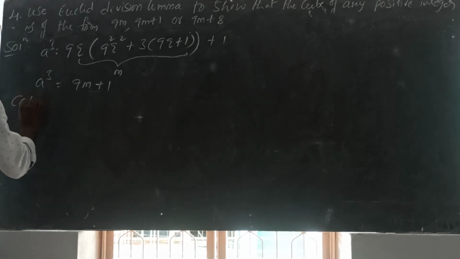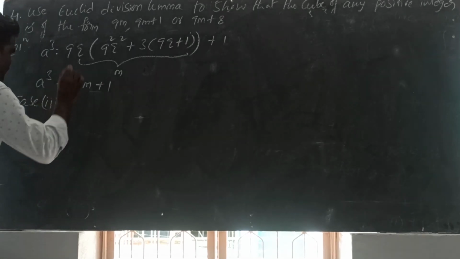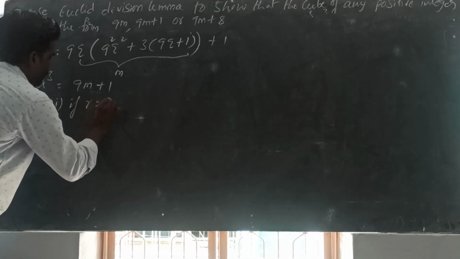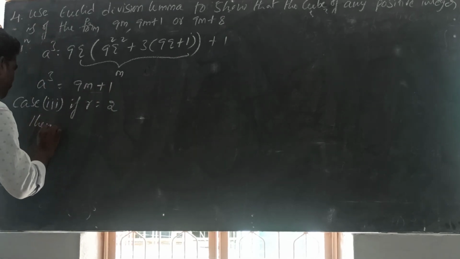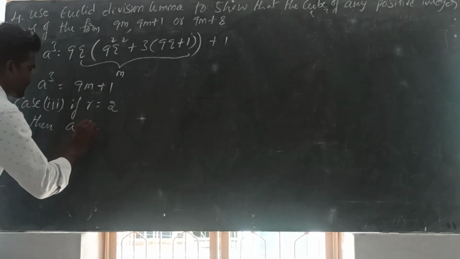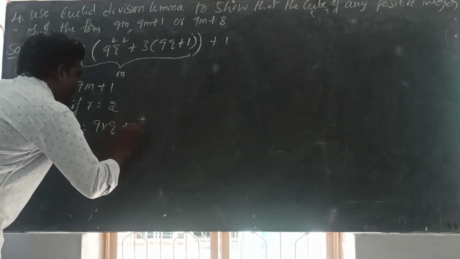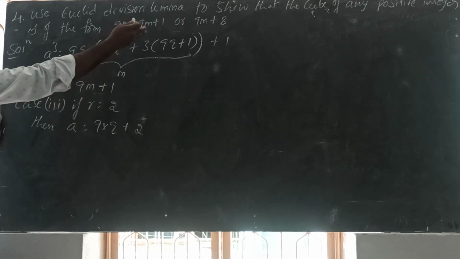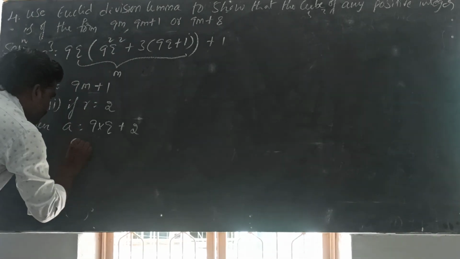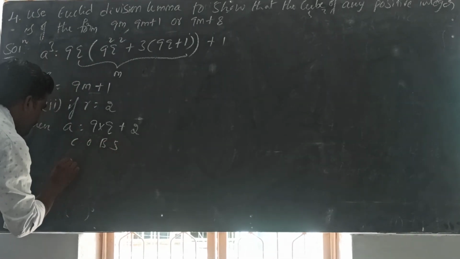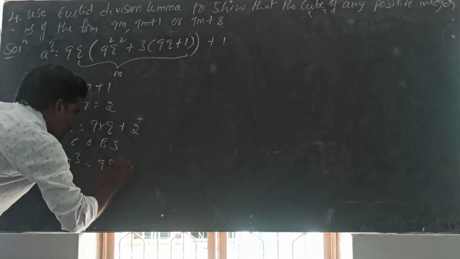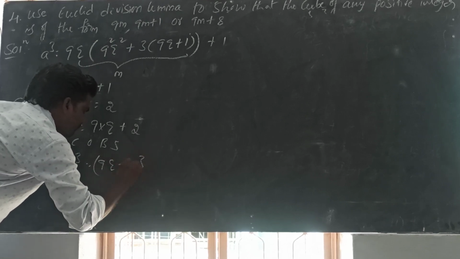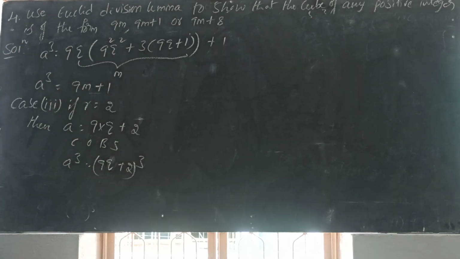Next, case 3. If r is equal to 2, then the positive integer is in the form of 9q plus 2. What is asked? Its cube is in the form of 9m plus 8. So cube on both sides. a cube is equal to (9q plus 2) whole cube. Here also apply the same formula.